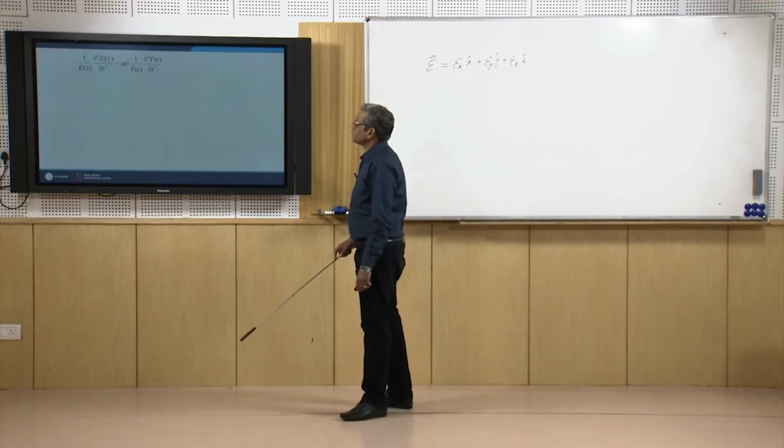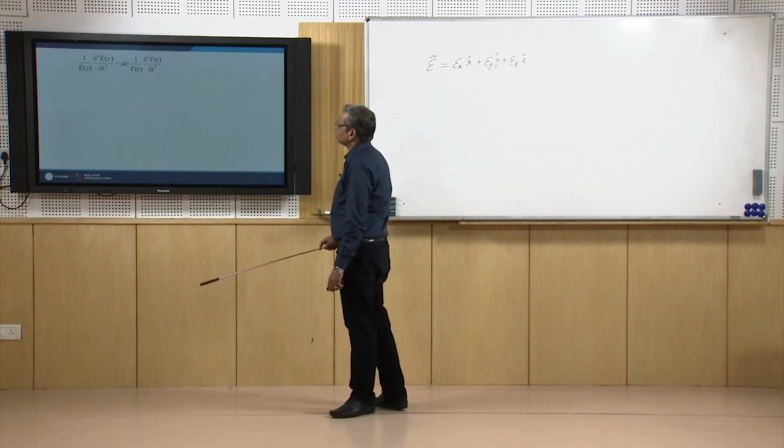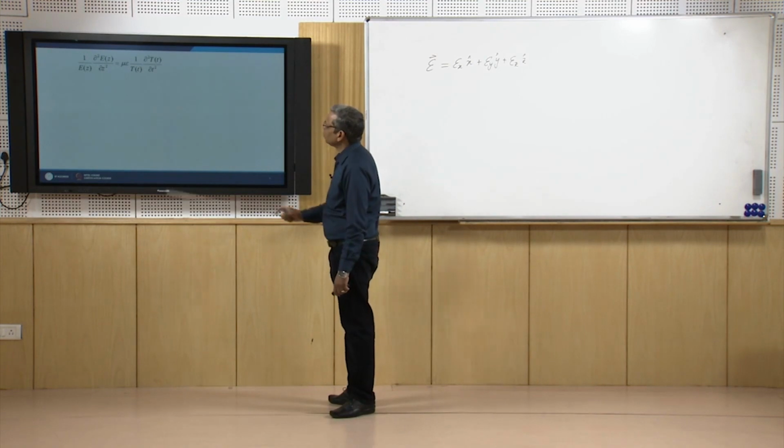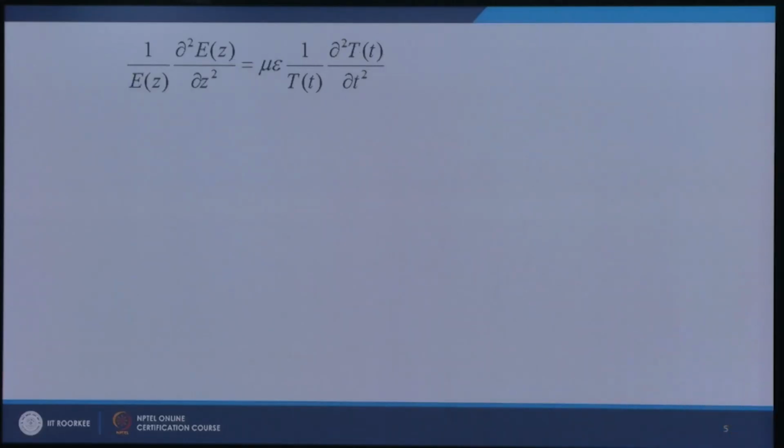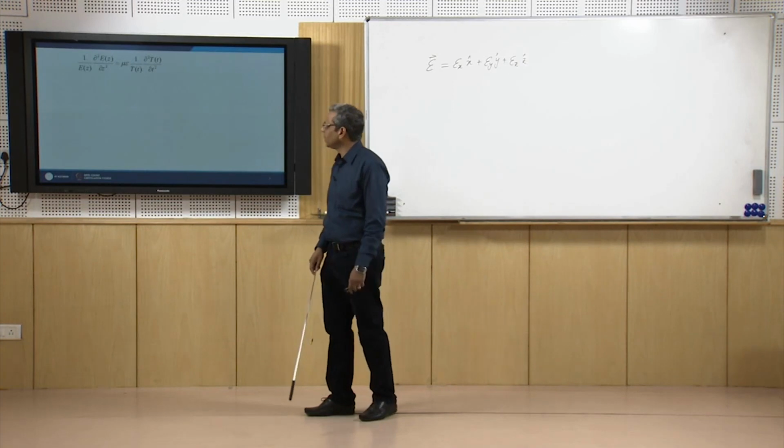Now, to solve this, the most natural thing is that I equate each of them to some constant, and since it is a second order differential equation, I will take that constant in the form of a square, so that I avoid square roots.